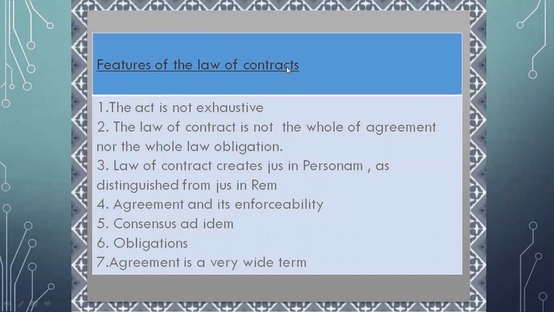Next, third point: the law of contract creates jus in personam as distinguished from jus in rem. What does jus in rem mean? The right against or in respect of a thing. Whereas jus in personam means right against or in respect of a specific person.